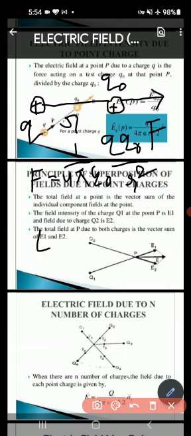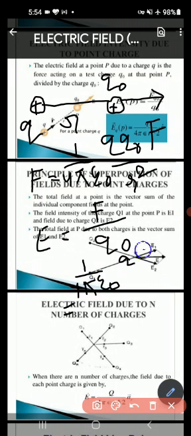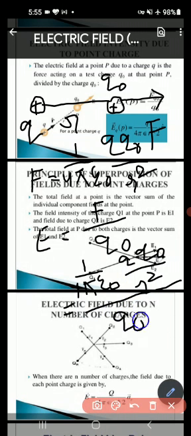Now, as you know, electric field E is equal to force by test charge Q naught. So, in the place of F, we put the value of F, that is 1 by 4 pi epsilon naught, Q Q naught by r square, and this quantity is divided by Q naught.